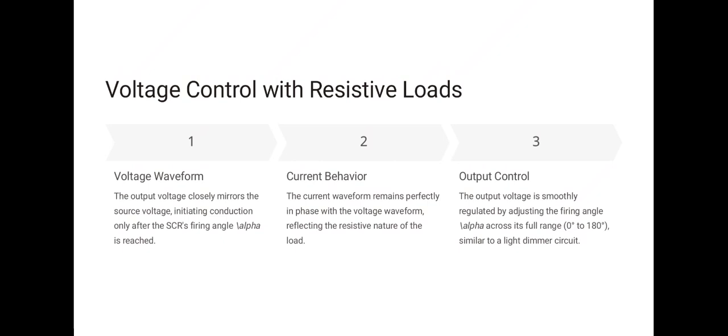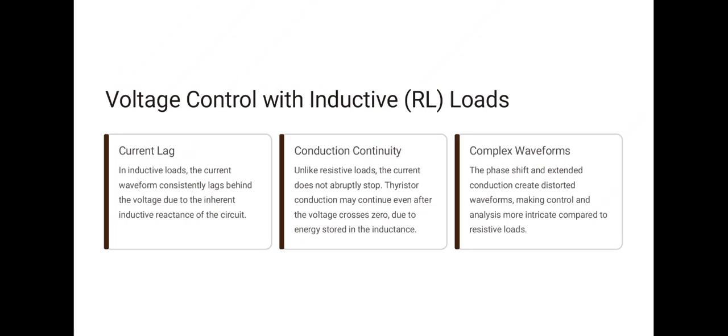Current behavior: the current waveform remains perfectly in phase with the voltage waveform, reflecting the resistive nature of the load. Output control: the output voltage is smoothly regulated by adjusting the firing angle across its full range, 0 degrees to 180 degrees, similar to a light dimmer circuit.